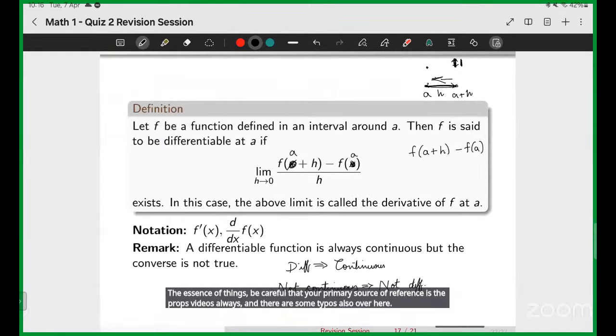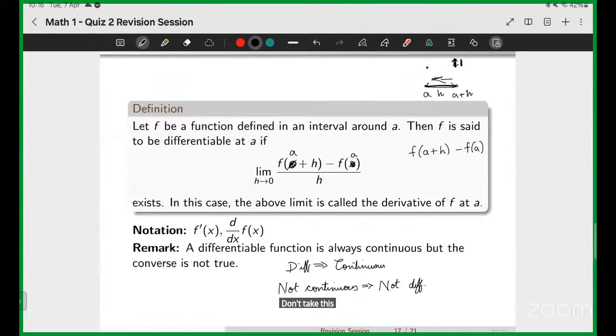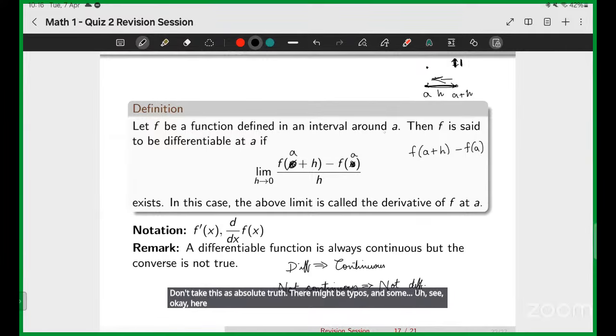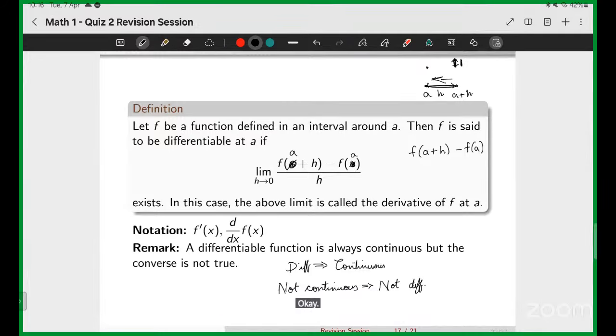Please make sure that you don't take this as absolute truth. Here I have actually defined it in an interval around A. Sometimes I might skip that because it's a subtler point which is not so relevant in problem solving. Just be careful about it.